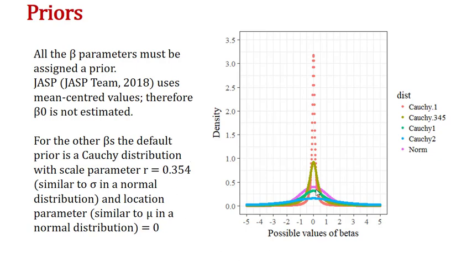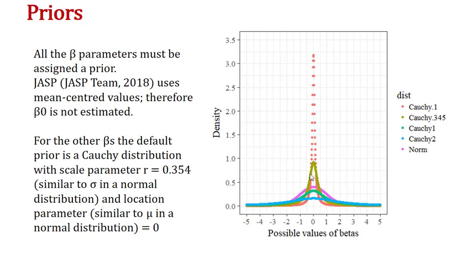Basically, here in this graph we have a representation of different Cauchy distributions. This one in salmon color is a Cauchy distribution with an r value of 0.1. You can see that values are more likely when they are close to 0, and very quickly values that are further away from 0 become very, very unlikely.